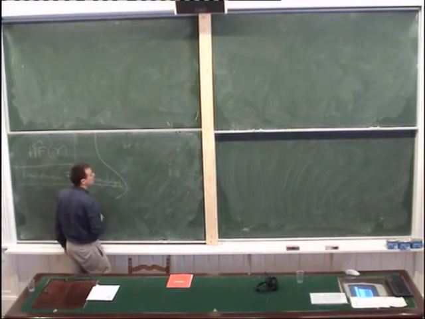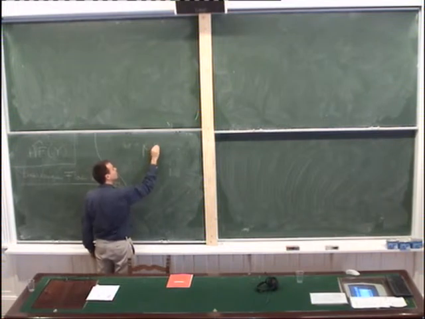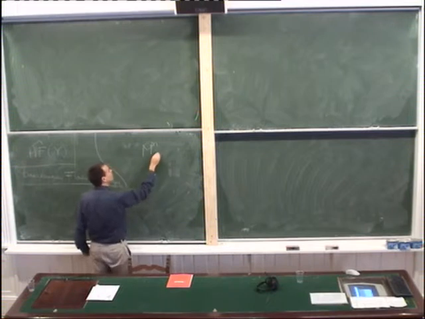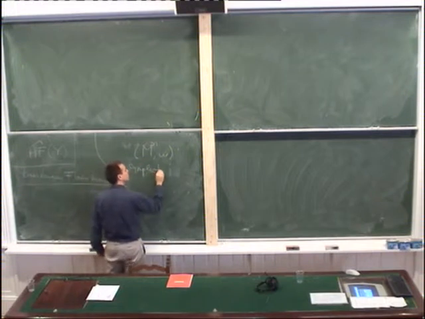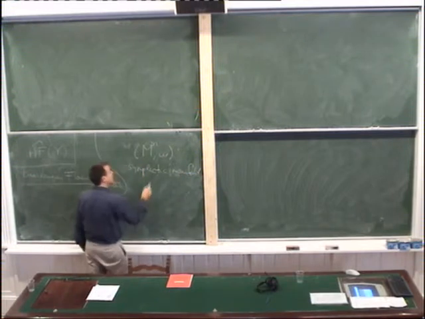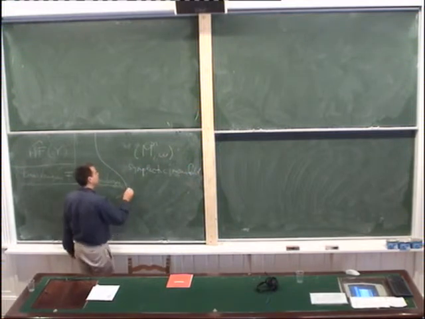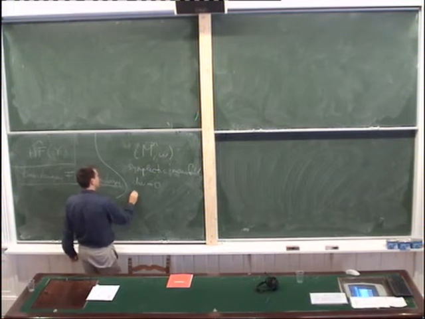So here the background is that we have a symplectic manifold with the symplectic form omega. So here symplectic means that it's closed and it's non-degenerate.